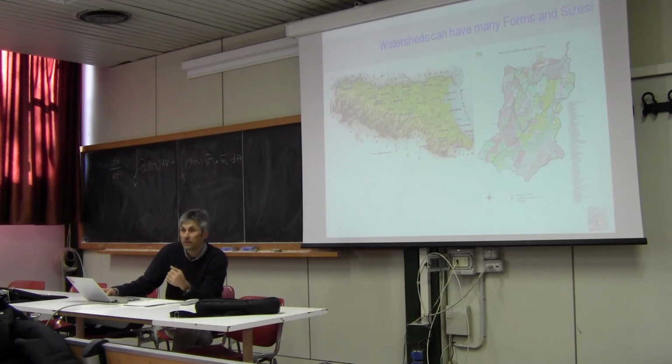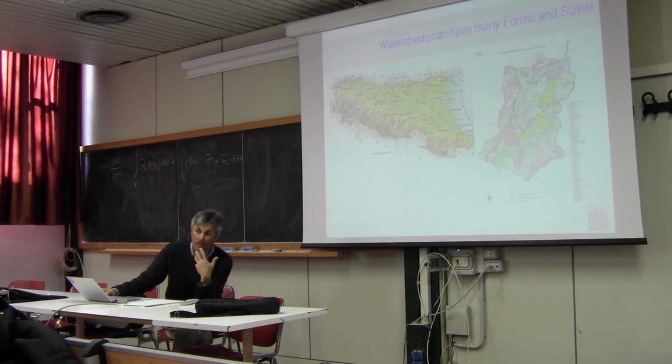For sure, the form of the catchment is important, but we notice that very similar catchments with very similar climates react in very different ways to rainfall. So we are still trying to understand what determines the reaction of the catchment to rainfall. And this is important for both floods and droughts.